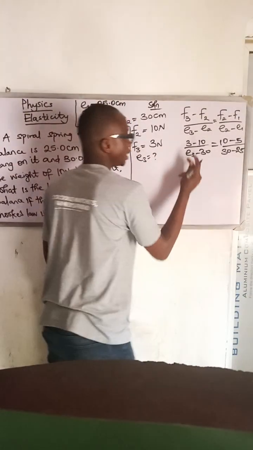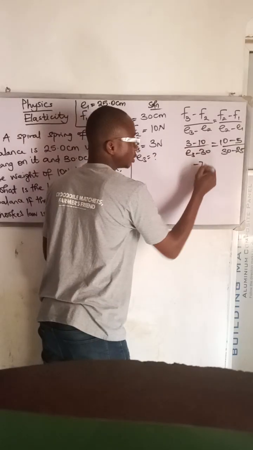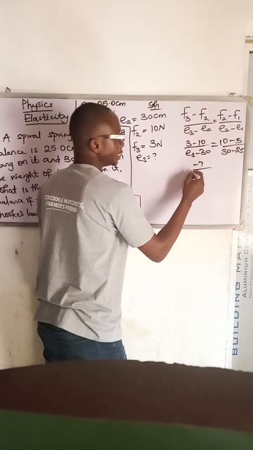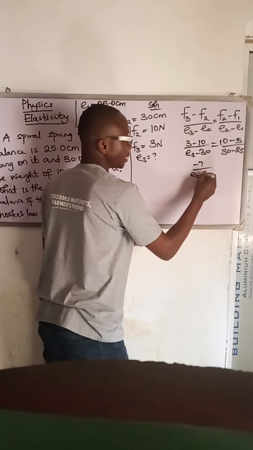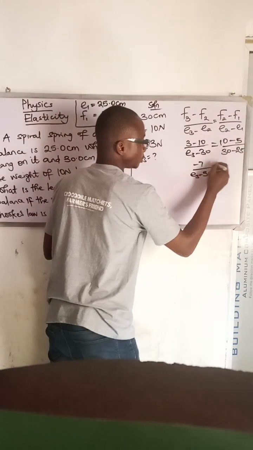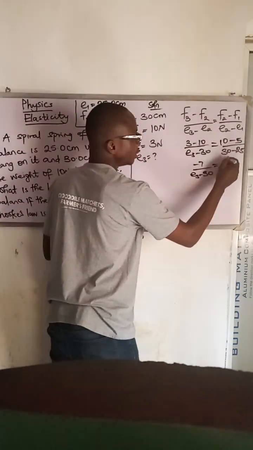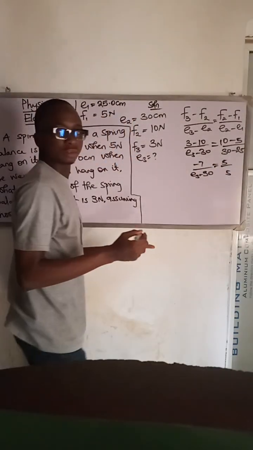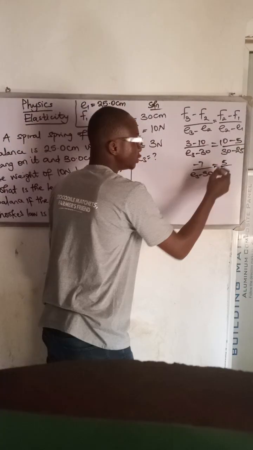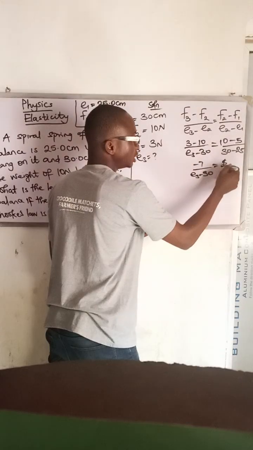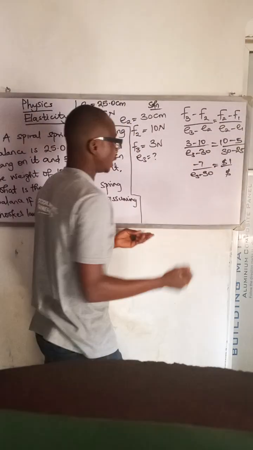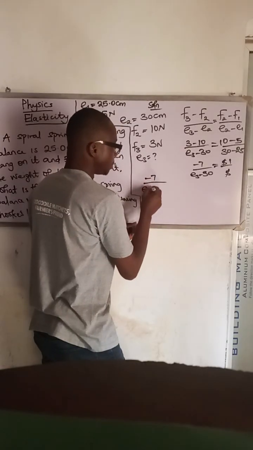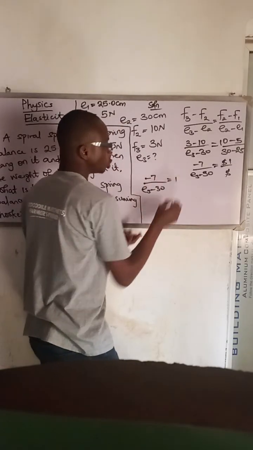Now we just simplify. 3 minus 10 is minus 7, all over E3 minus 30. You cannot subtract that. 10 minus 5 is 5, all over 30 minus 25 is 5. Then 5 divided by 5 cancels, it is 1. So we have minus 7 all over E3 minus 30 is equal to 1.